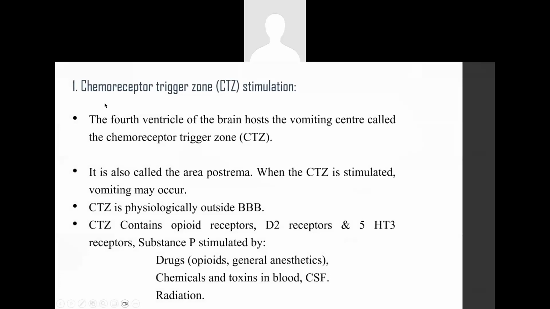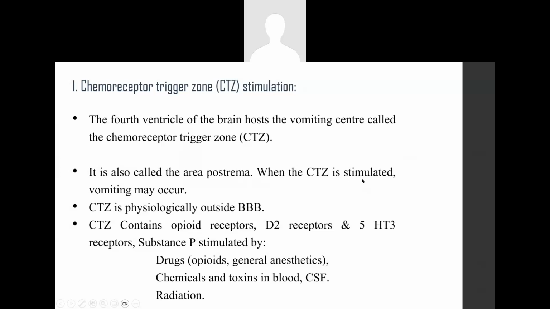Also, we should get into some details about these spots. The chemoreceptor trigger zone stimulation. The fourth ventricle of the brain hosts the vomiting trigger, which is called the chemoreceptor trigger zone, or area postrema.